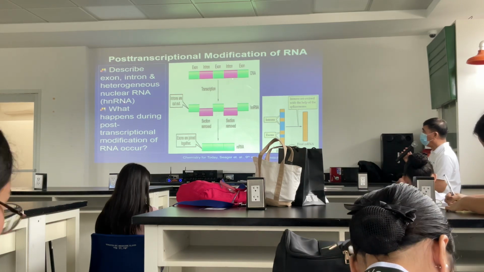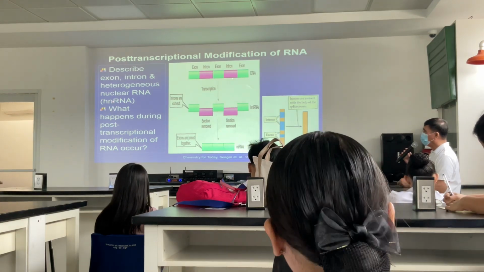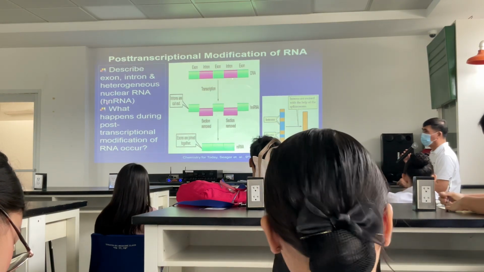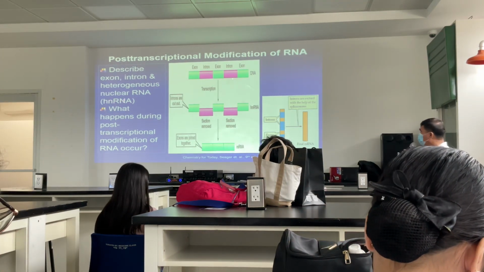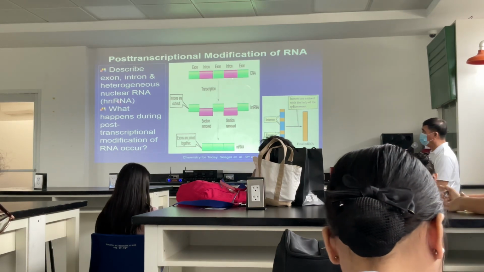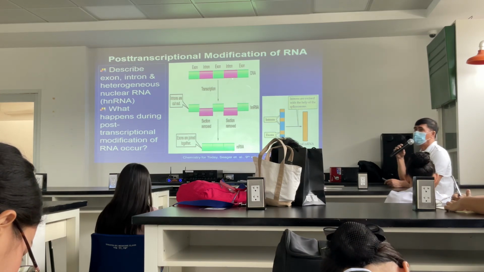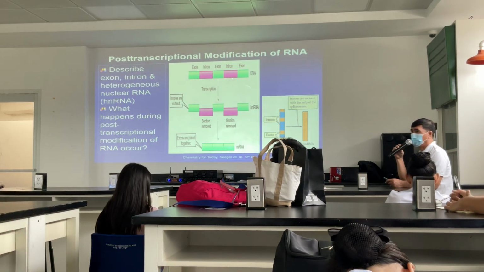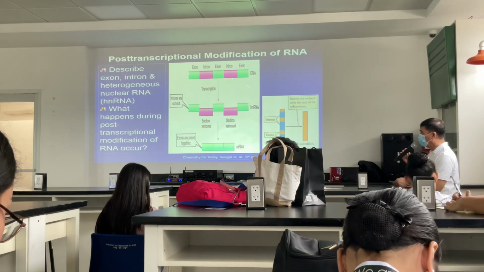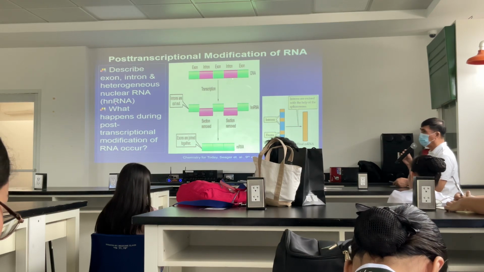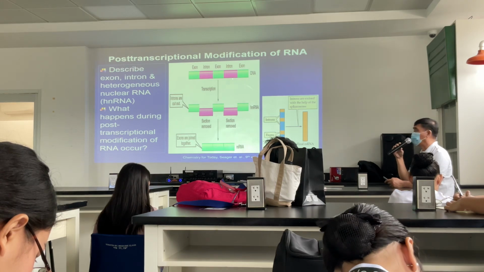The name of the RNA produced during transcription is heterogeneous nuclear RNA. If it is an mRNA molecule, it is also called a primary transcript.